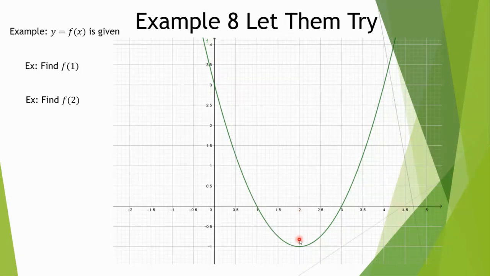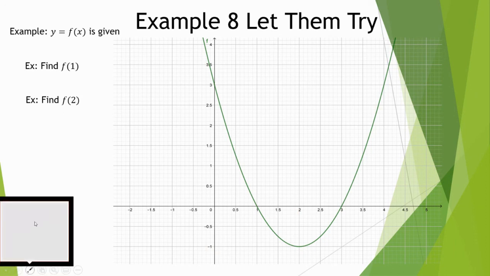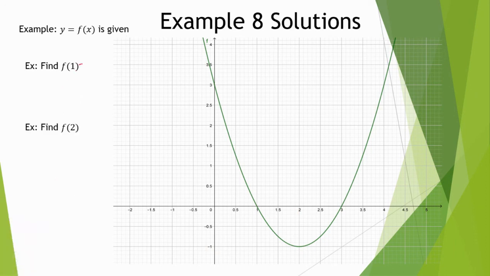So we move vertically down, and then we look at the y-axis, or move horizontally. We get -1. So f of 2 here is -1. Let me write that. So f of 1 is 0, and f of 2, as I just said, is -1. Okay.